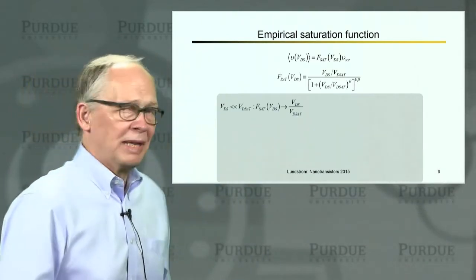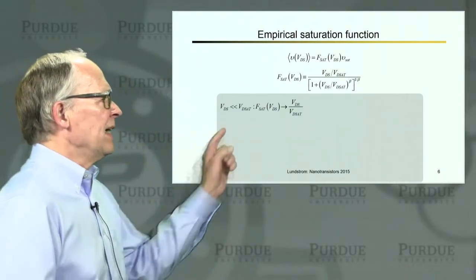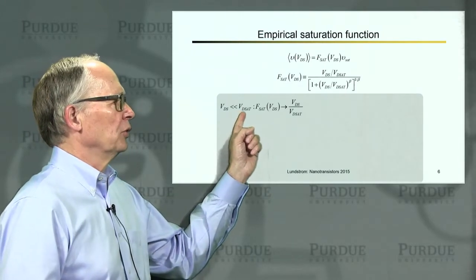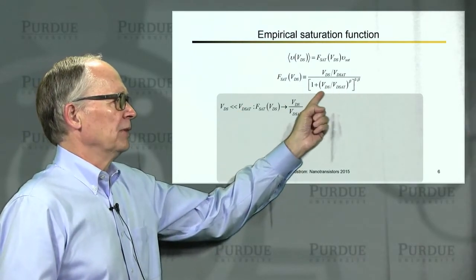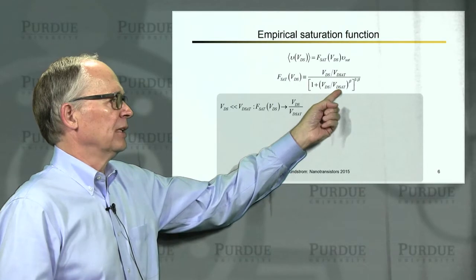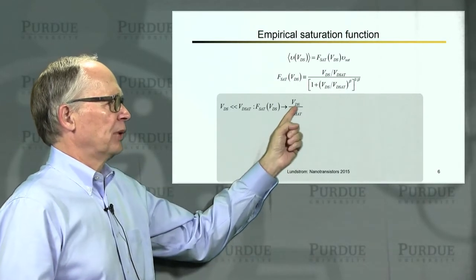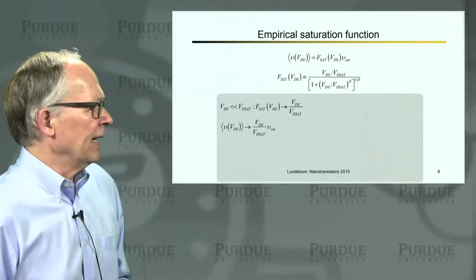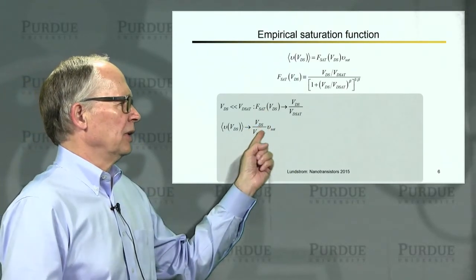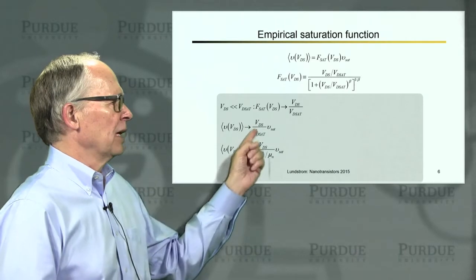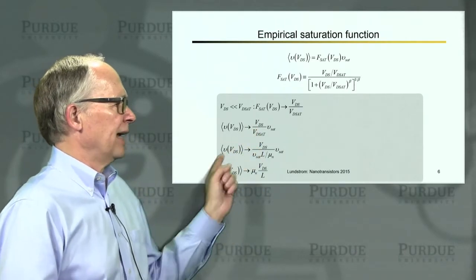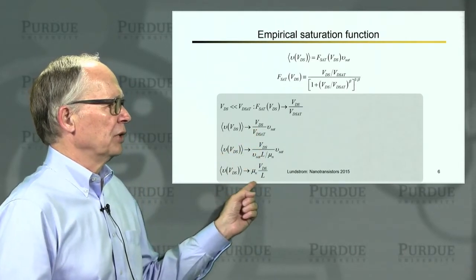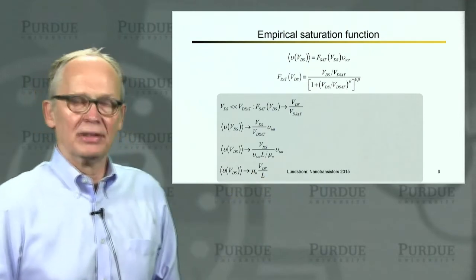Let's just take a look and make sure that it does the right thing. If I look at low drain to source voltage, then I can ignore the VDS over VDSAT term in the denominator, and this expression just goes to VD over VDSAT. And if I plug in the expression for VDSAT there and work it all out, you'll see that my average velocity for small drain voltage is just mobility times electric field.